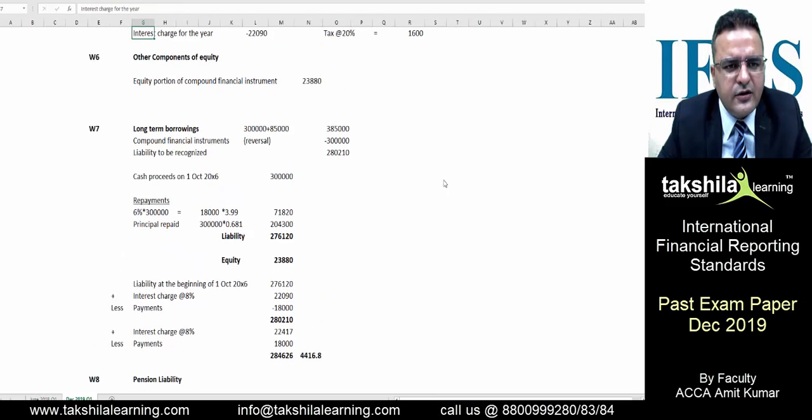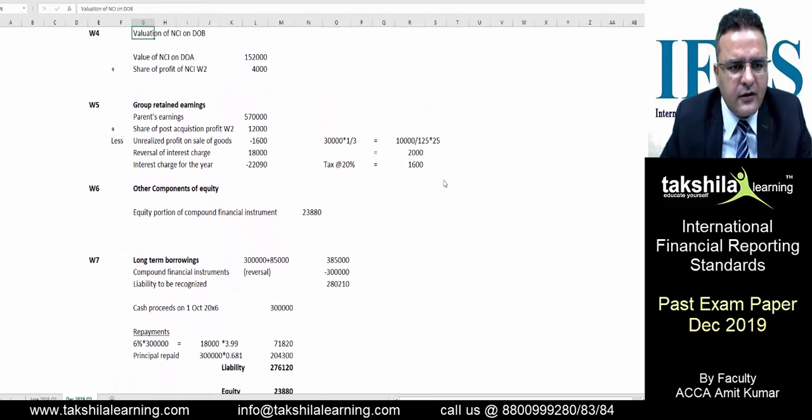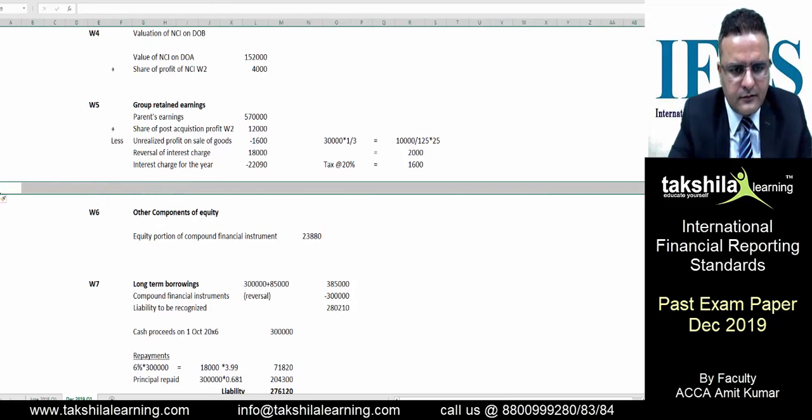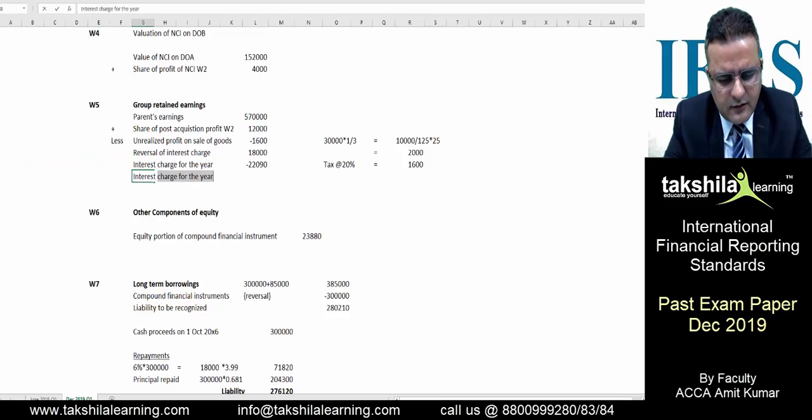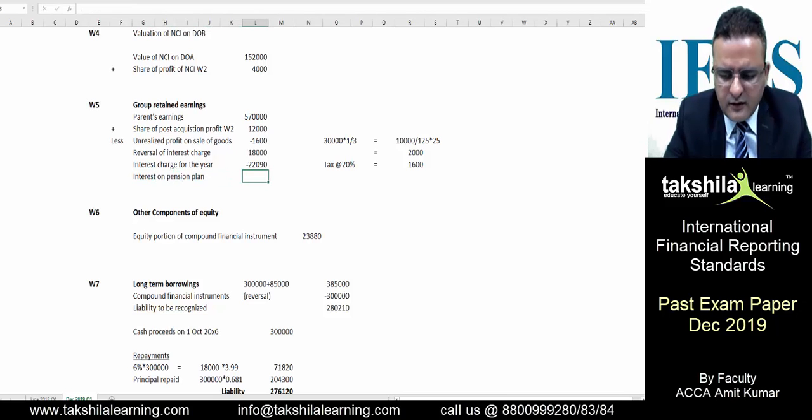This interest charge we need to include as part of the group retained earnings as well. Interest on pension plan, it is minus 15,000.